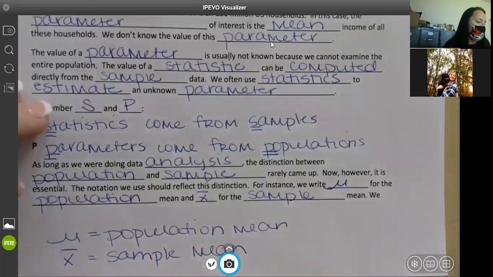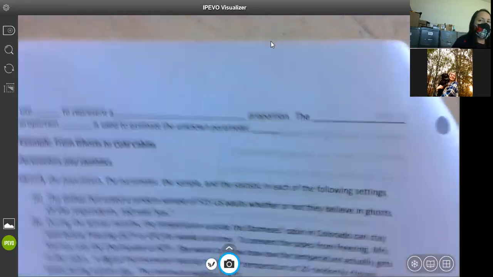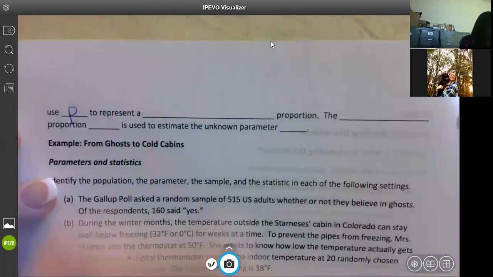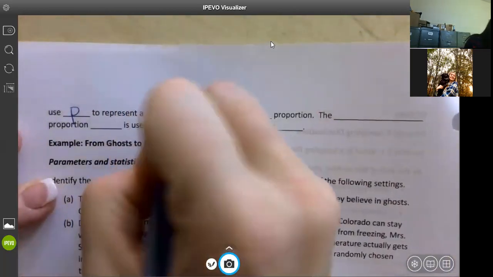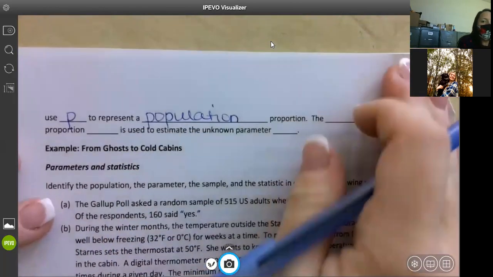When we flip it, we use just p to represent a population proportion.